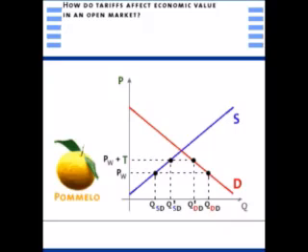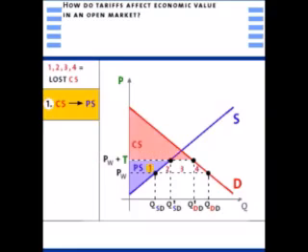All of this area now is profit for producers of pomelos in France. The additional producer surplus, that is the part that's added over the free trade case, is this area right here, what we called Area 1. So observe that of the lost consumer surplus, part of it is captured by the producers. Part of the lost consumer surplus goes to domestic farmers who are now making pomelos.